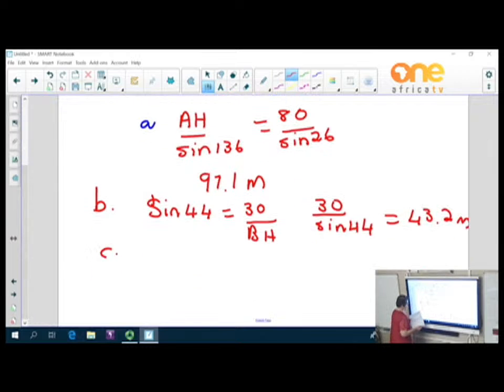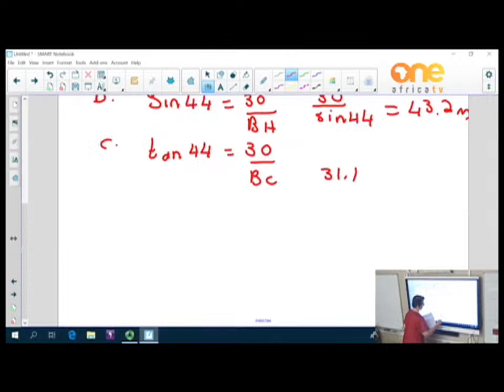Question C. Hence calculate the distance BC from the foot of the cliff. Again, there's more than one possibility. I will use tan. So tan 44 is equal to 30 over BC. Which method? Bottom divide. It will again be a division one, which is then 31.1.